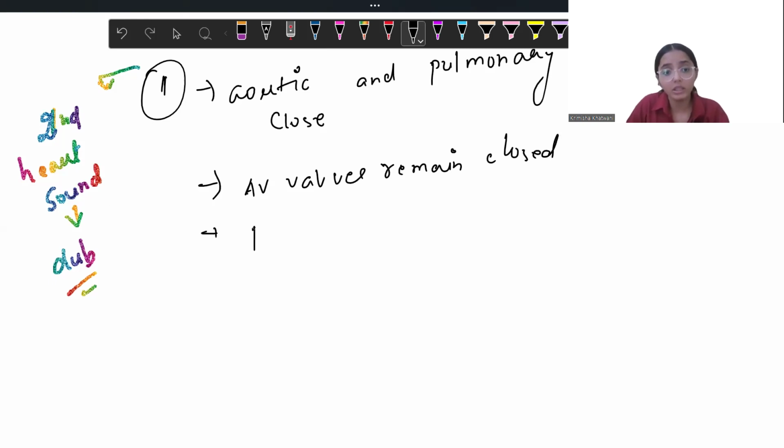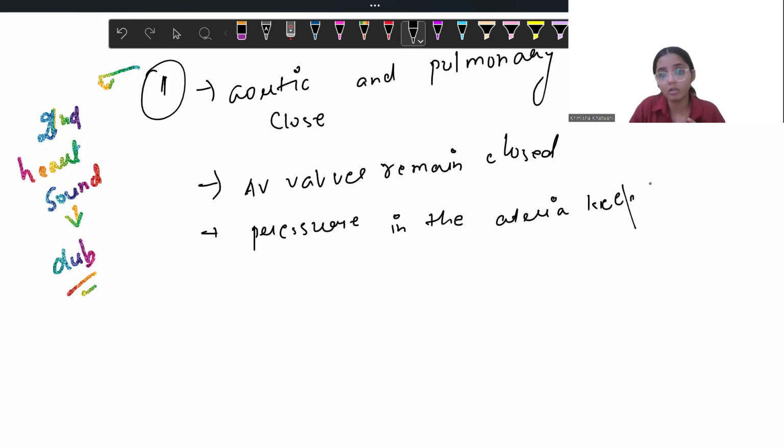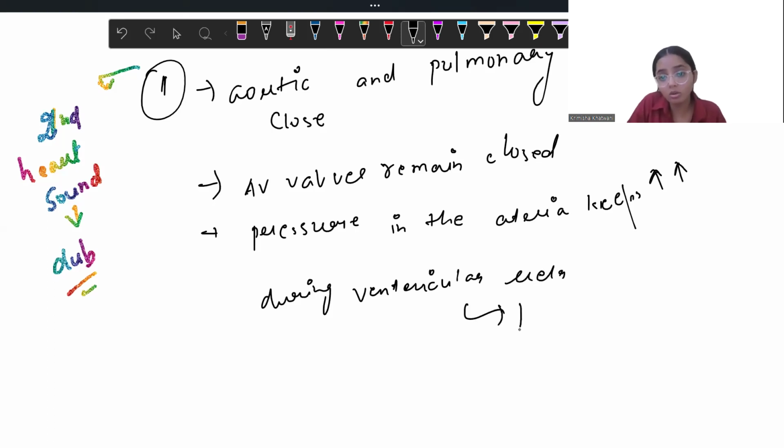So, the pressure, remember, this is very important, pressure in the atria keeps on increasing. Okay, because what is happening is during ventricular relaxation, the atria are receiving blood from the body.